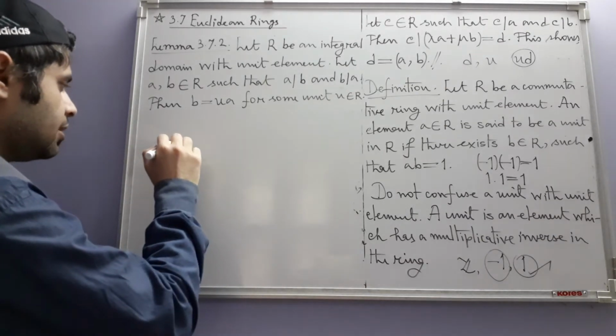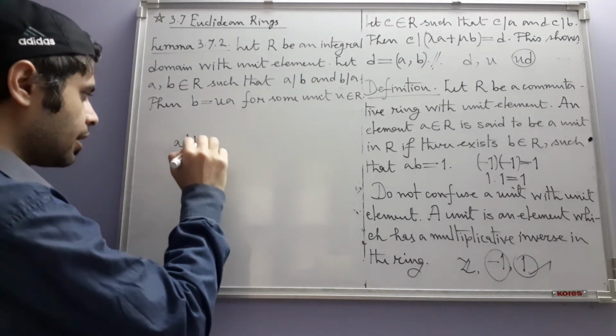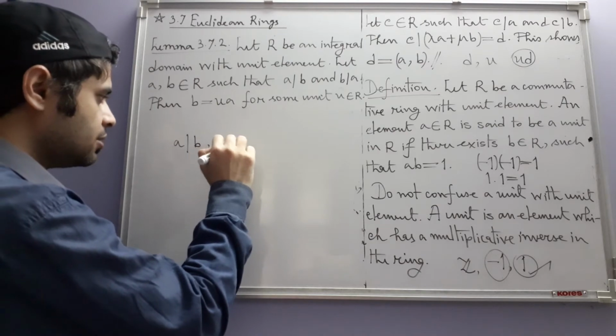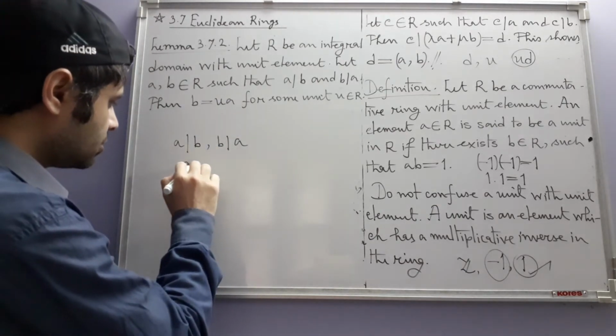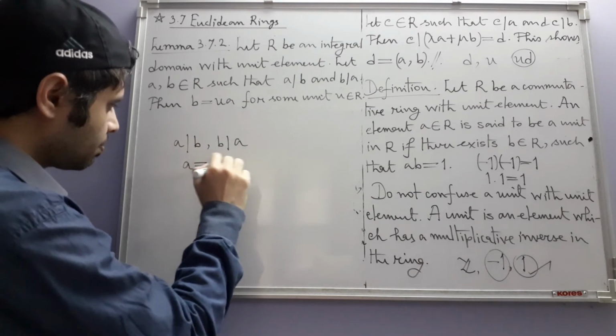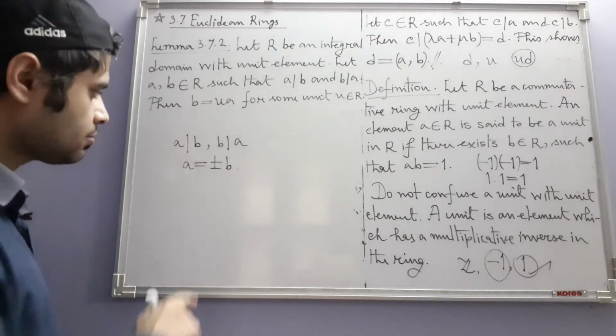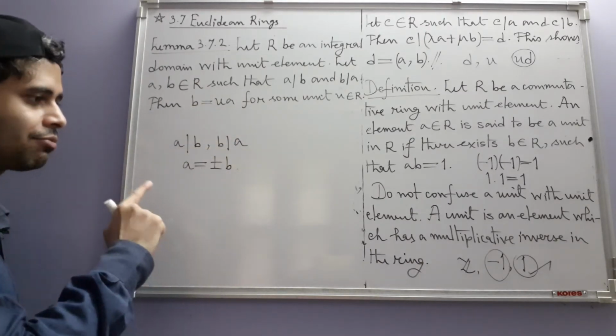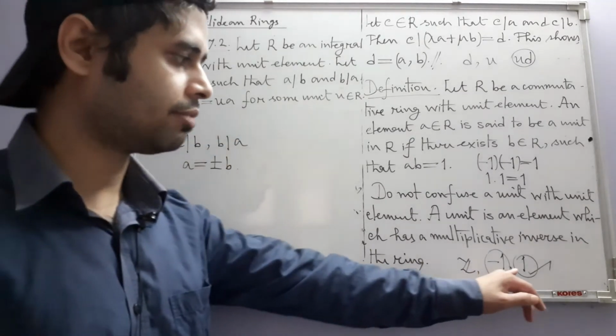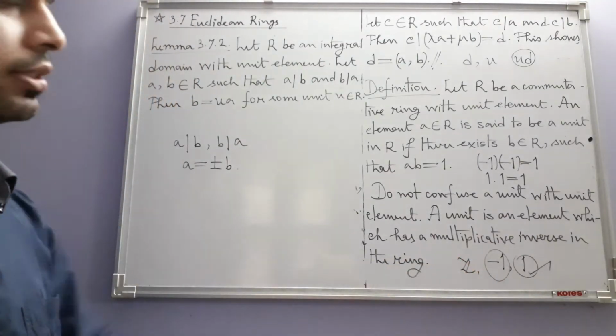If A and B are two integers and we have both of these divisibility relations to be true, then we have proved that A is equal to plus or minus B. So you can see that in place of U here we have plus 1 and minus 1, which are the two available units in the ring of integers.